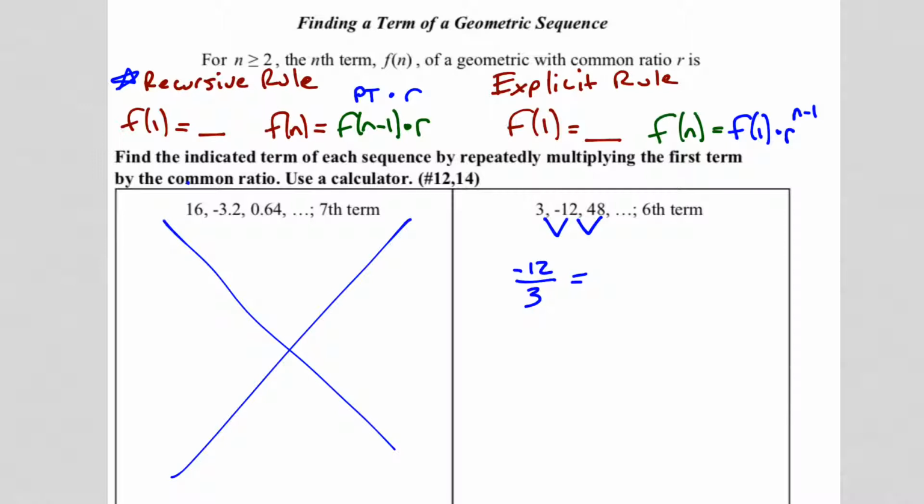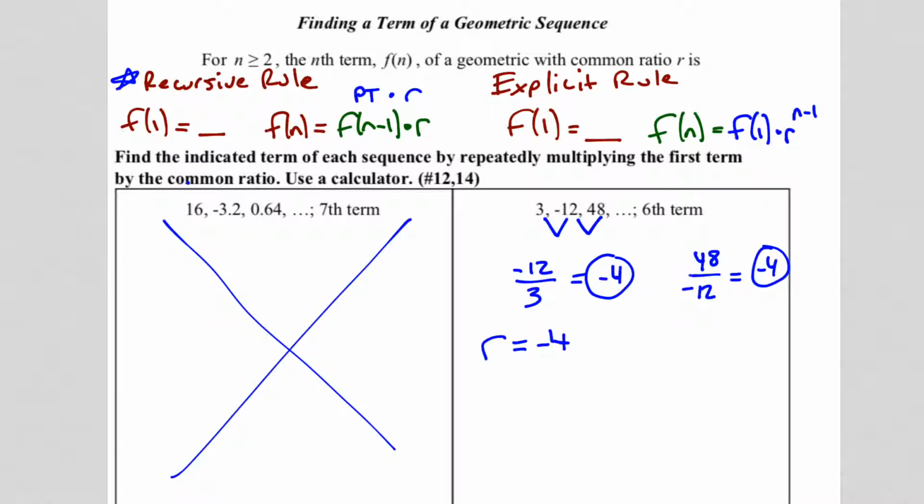You should get a negative 4. And hopefully, when I take the third term and divide it by the second term, I get a ratio that is common, and you also get negative 4, right? They're both the same. So we definitely have a common ratio, and that ratio is -4.